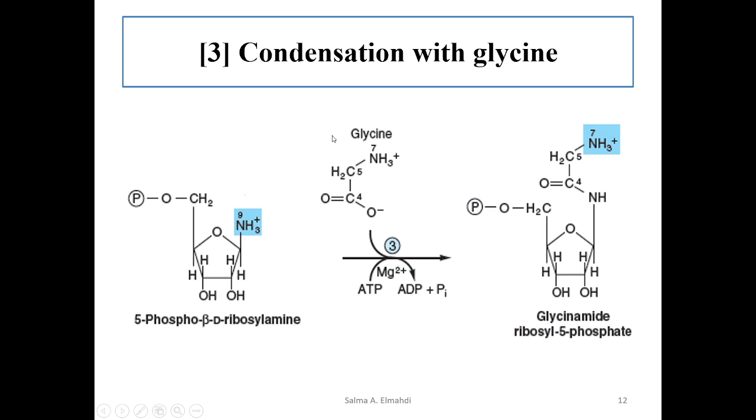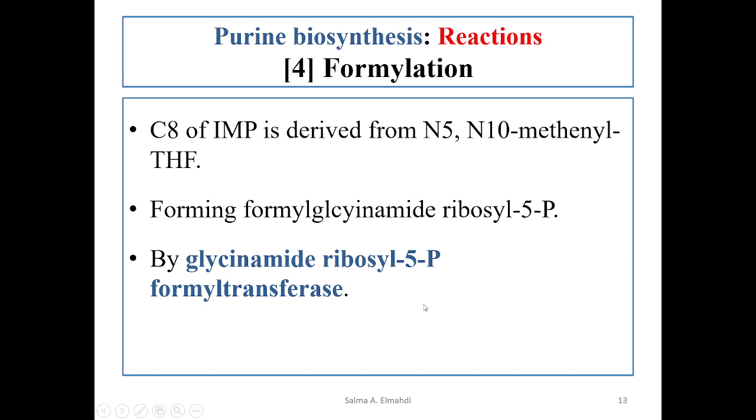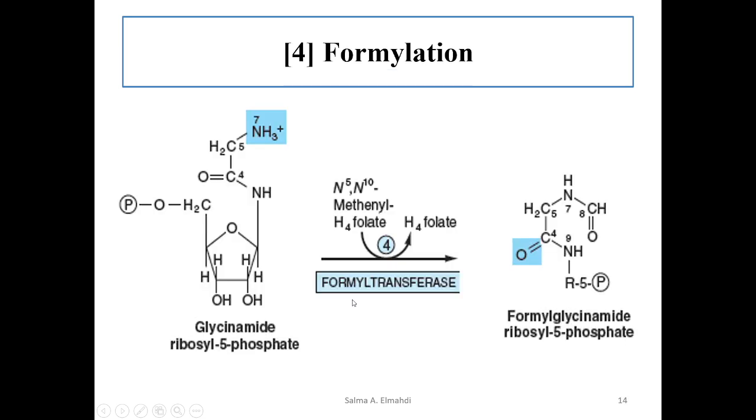The third reaction is a condensation reaction whereby 5-phosphoribosylamine condenses with the whole molecule of glycine to form glycinamide ribosyl 5-phosphate. ATP here is needed. The fourth reaction is a formylation reaction whereby the carbon of inosine monophosphate is derived from N5, N10 methenyl tetrahydrofolate by a formyl transferase.